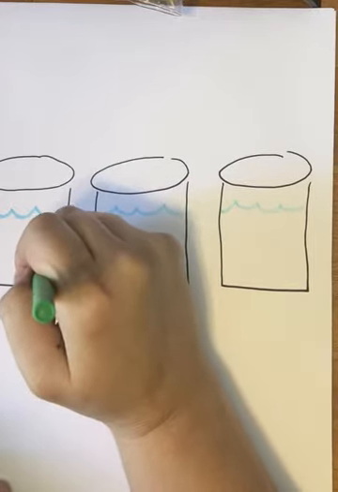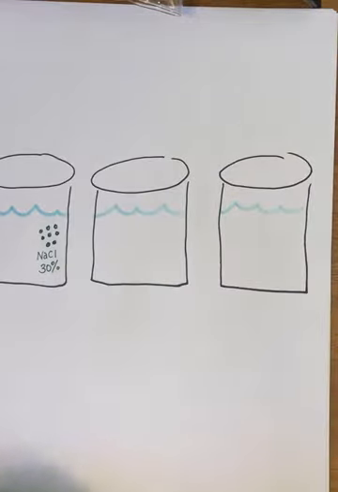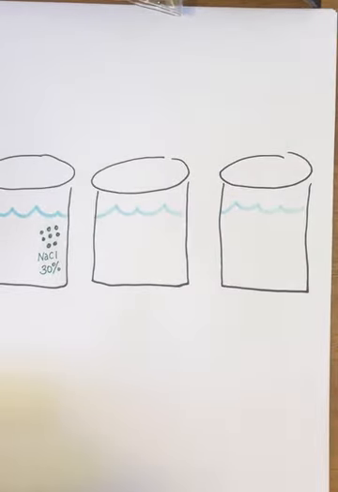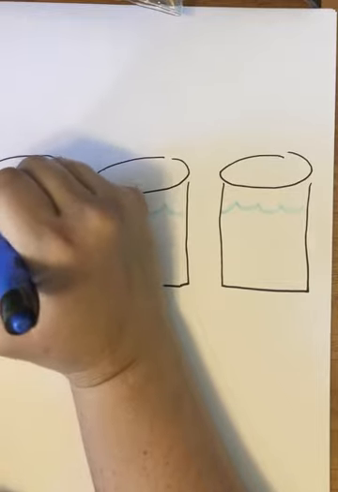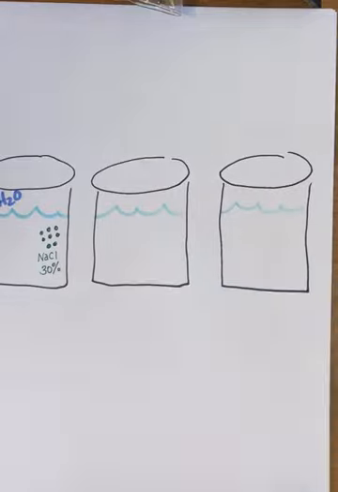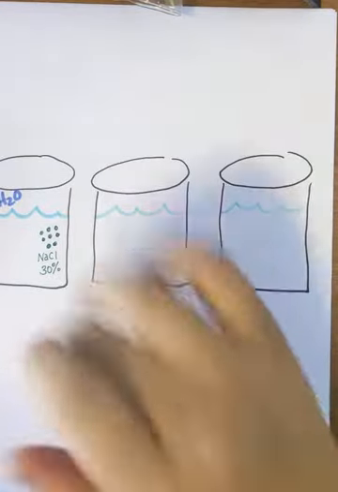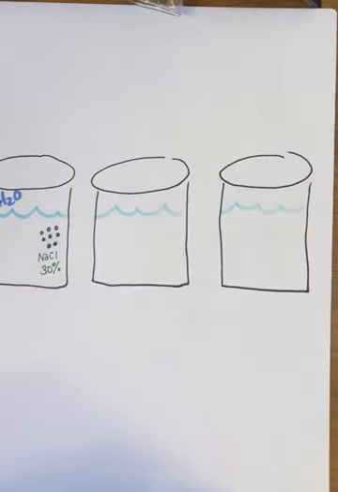Let's just say it's 30% sodium chloride, and we can go ahead and say it's 30% water. That would be an isotonic solution. So we would say it's isotonic because it has the same concentration of water as it does salt.